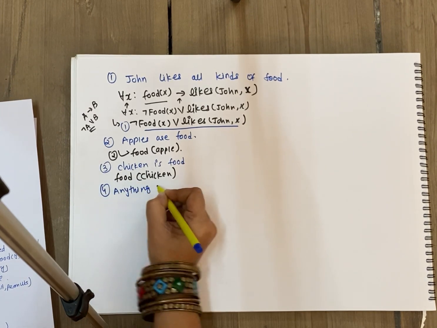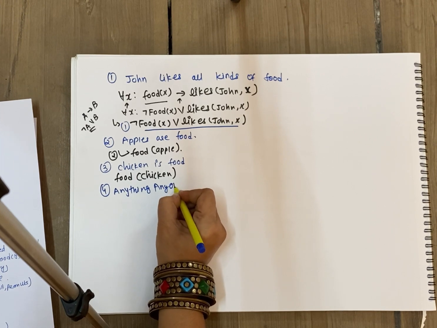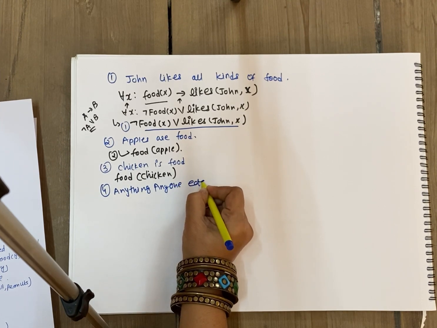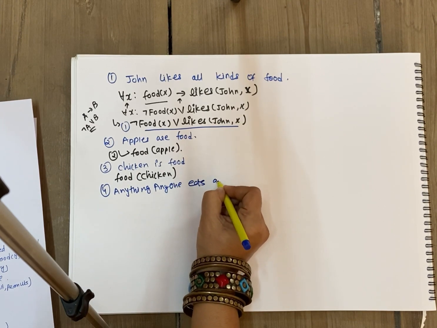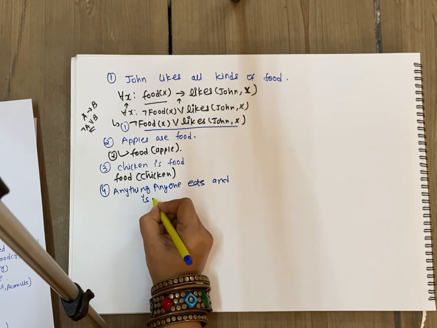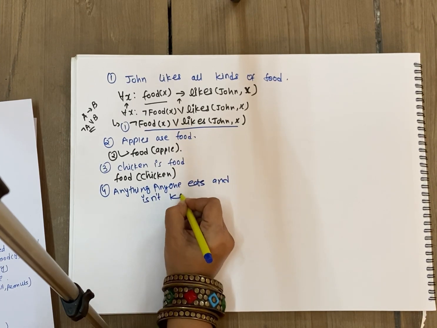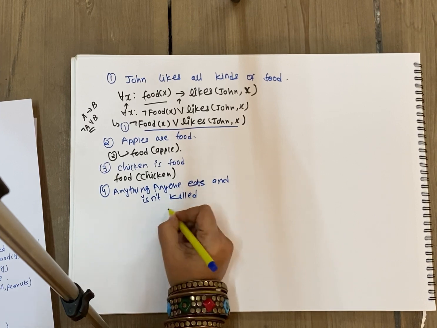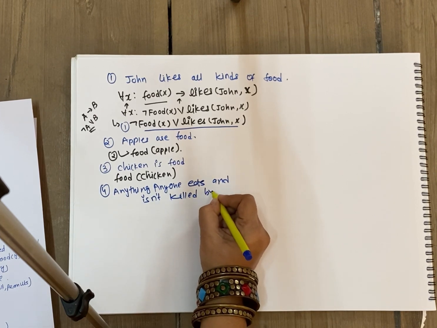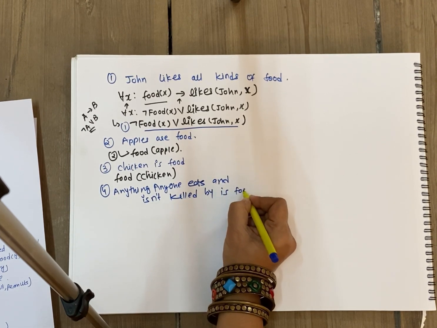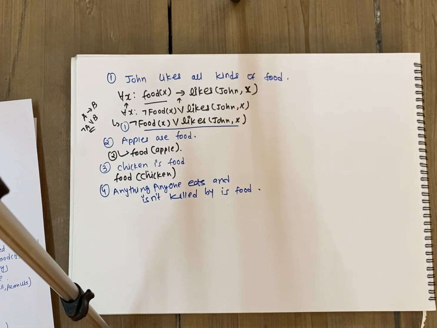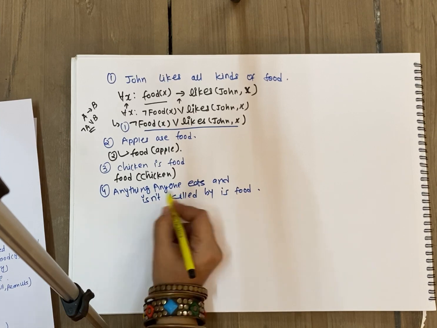The fourth one: anything anyone eats and isn't killed by is food. Okay, so see, anything and anyone, that is generalized format. Anything anyone is universal quantifier.